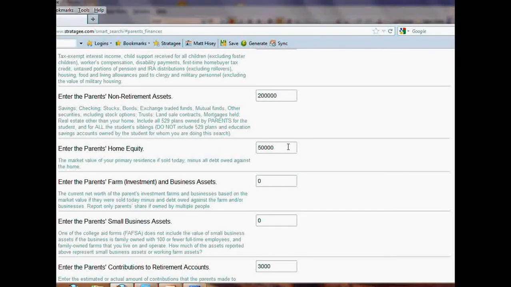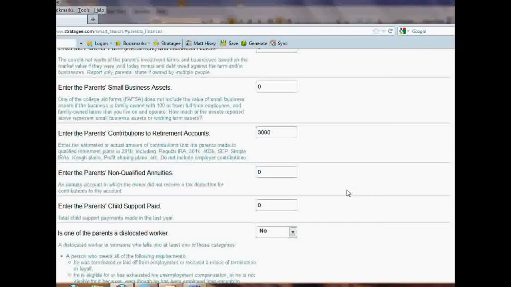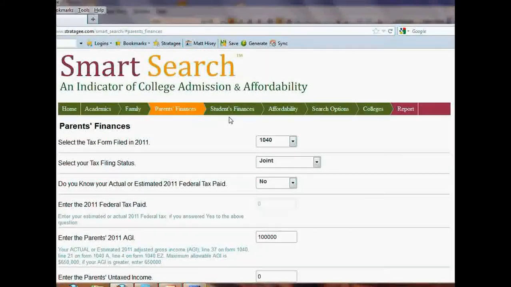They have some equity in their home, and some private colleges will actually ask about how much equity you have in your house. You know, the value minus the debt on your house. And then they will ask about other types of assets, small business assets, if you're a business owner. In this case, retirement account contributions and a few other things. So that's all looked at.